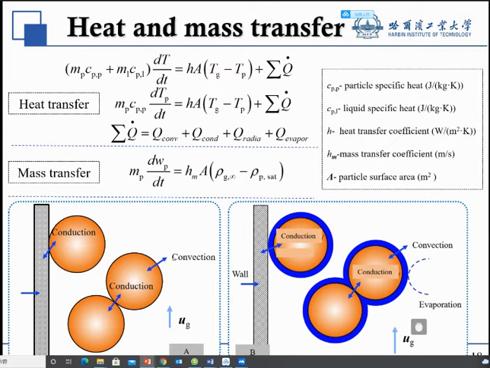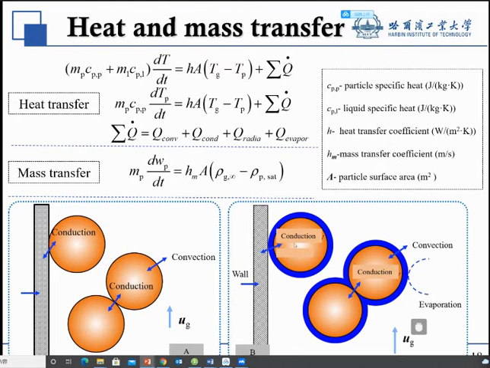What I want to tell you is that the heat convection is natural heat convection, which was introduced by Professor last time.